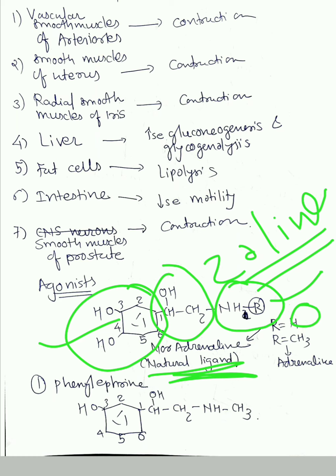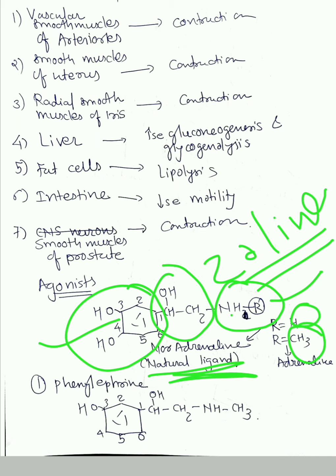In case of adrenaline, this R is CH3, so NHCH3. Okay, keep this structure in mind whenever scientists try to find out agonist or antagonist. What they do, they try to modify the basic ligand structure, the natural ligand structure, and natural ligand in this case is noradrenaline or adrenaline.